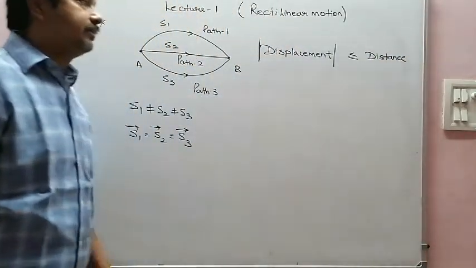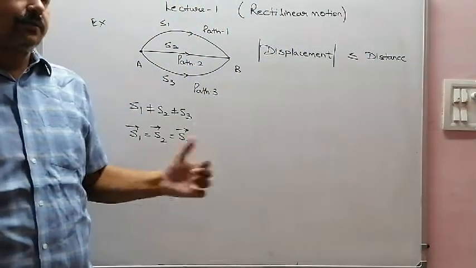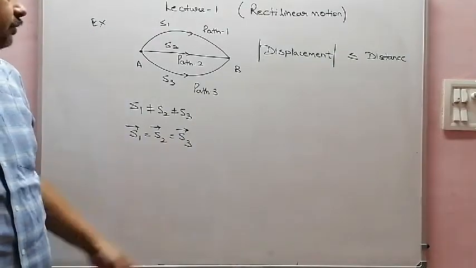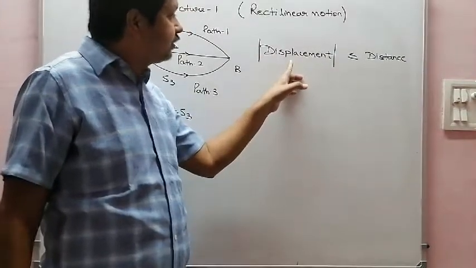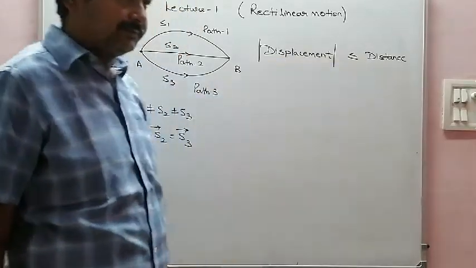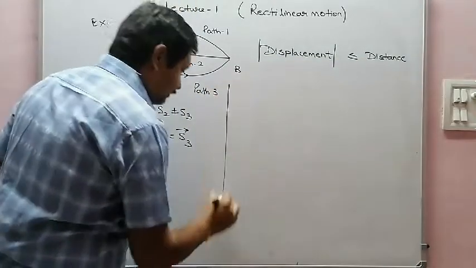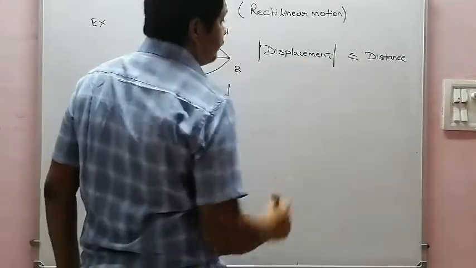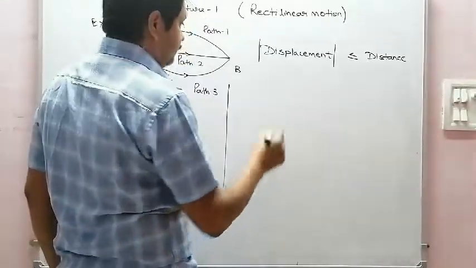Displacement का magnitude distance के बराबर हो सकता है या उससे छोटा होगा. Now, the most important point is when the magnitude of displacement will be equal to distance. Means displacement का magnitude distance के बराबर कब होगा?